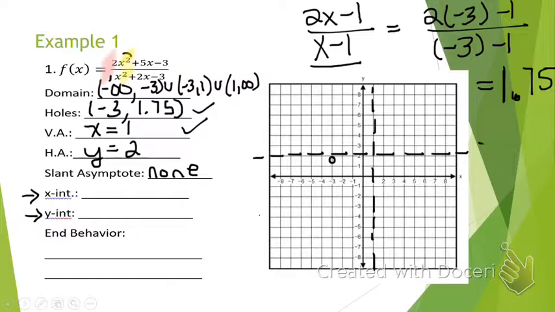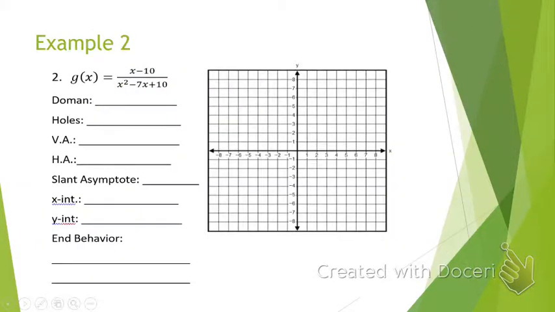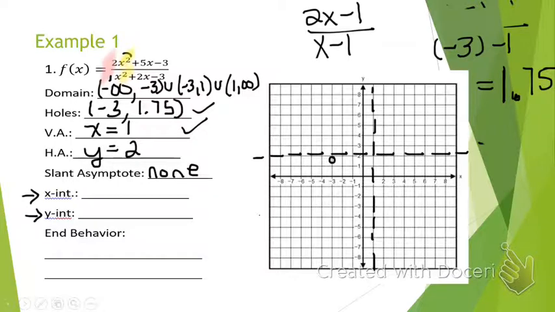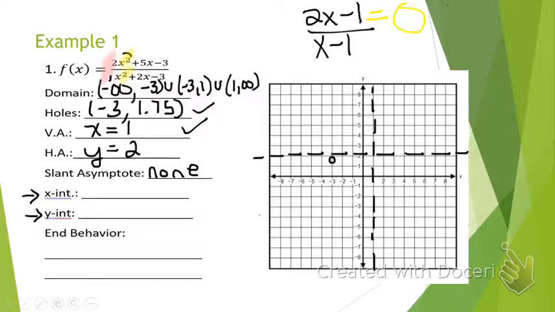And for our x-intercept, we're going to go back to our reduced fraction. Excuse me. We're going to go back to our reduced fraction, if I can get this erased without pressing a bunch of random buttons. We're going to set our numerator equal to 0. Remember, our numerator is this right here.